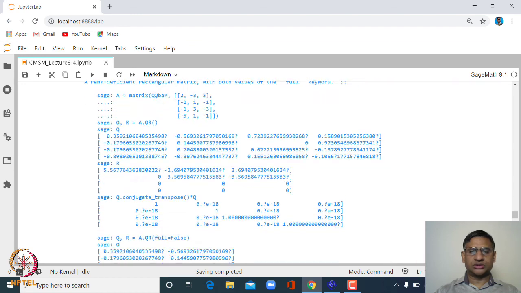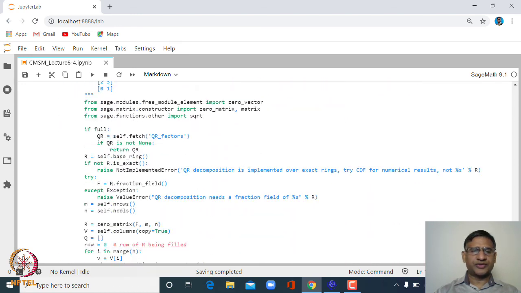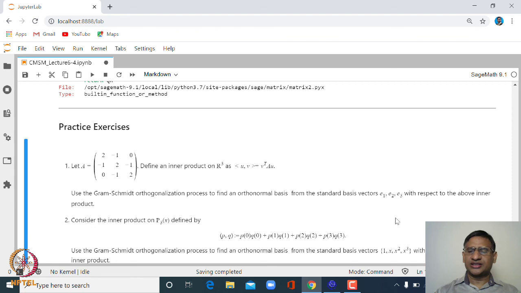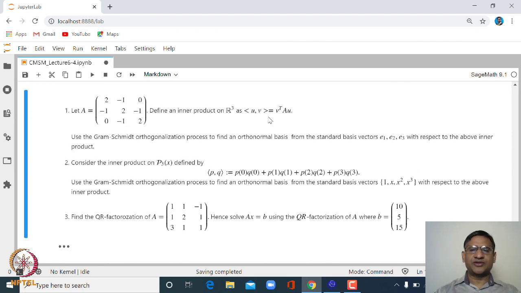So there are different examples, one can go through this list of examples, and at the end let me leave you with a few exercises. These are quite simple exercises. So, first take a matrix A, define an inner product with respect to this matrix, and then use the Gram-Schmidt orthogonalization process to find an orthonormal basis with respect to the standard basis E1, E2, E3.